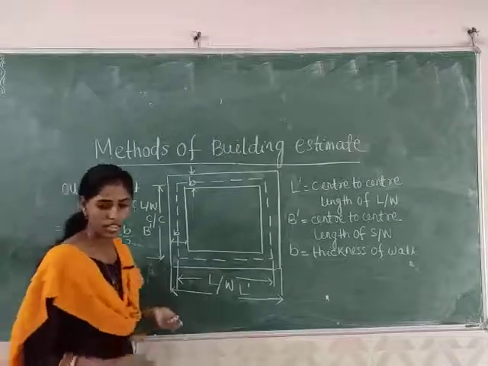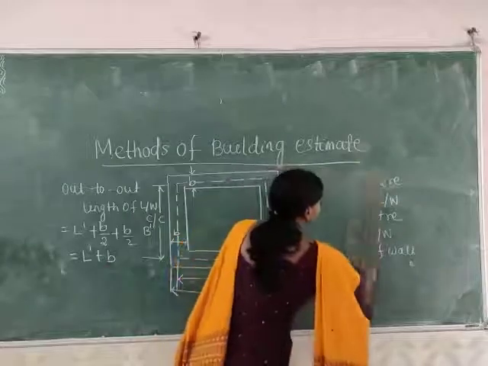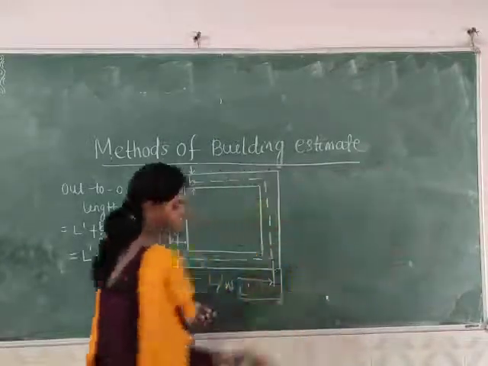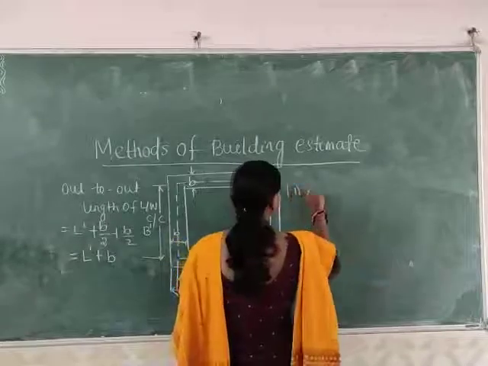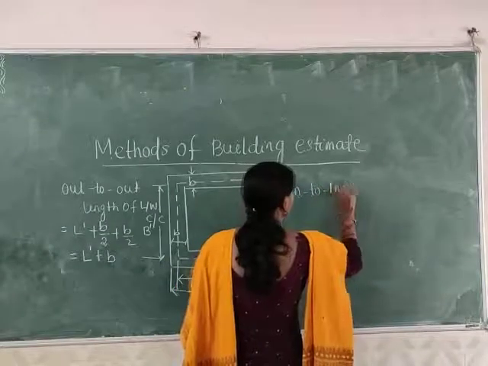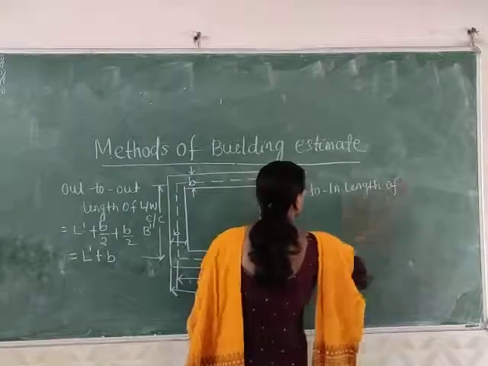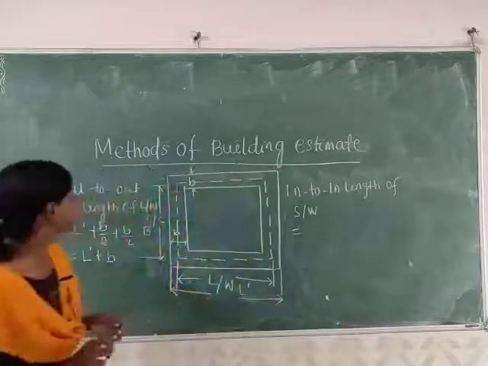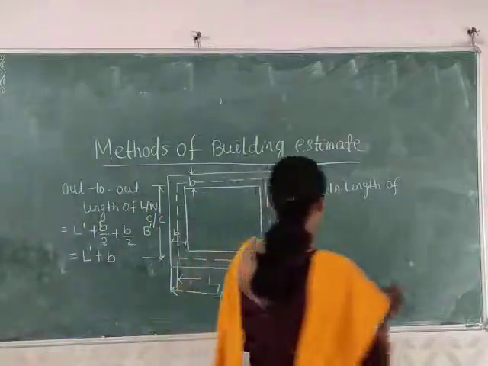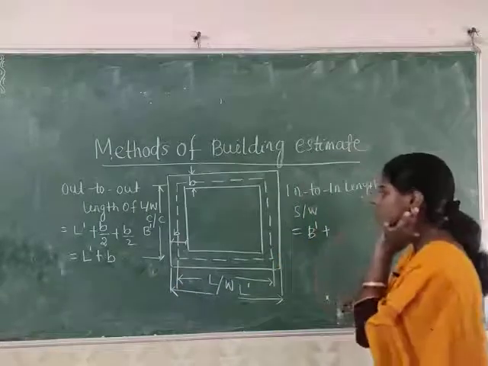Similarly, next we will calculate the in to in length of short wall. The center line length is capital B dash.